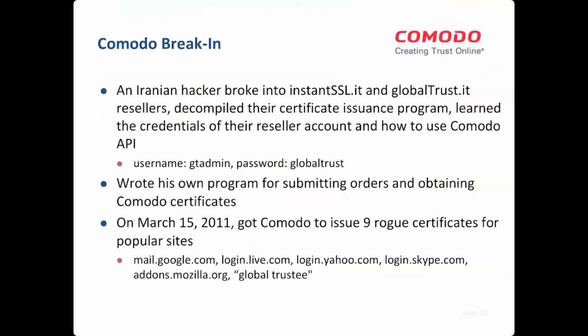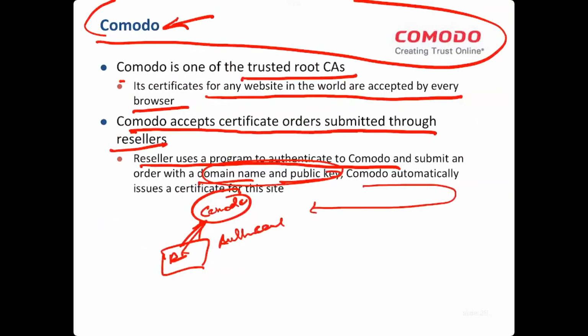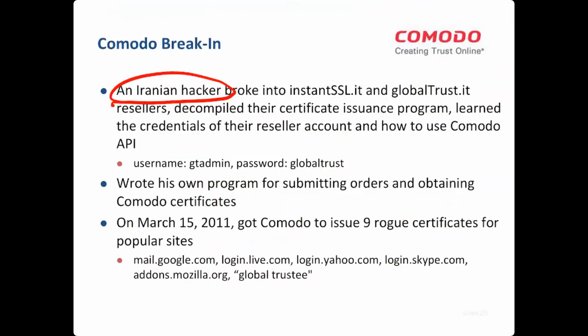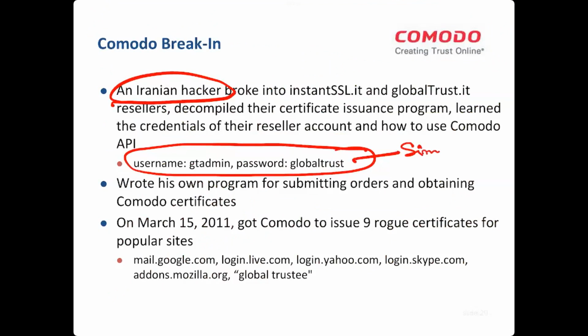Now this was hacked by one Iranian hacker. He hacked into a reseller account, and from there into Comodo's account. The interesting thing is that the username and password were very simple. So he wrote his own program submitting orders and obtaining fake certificates.